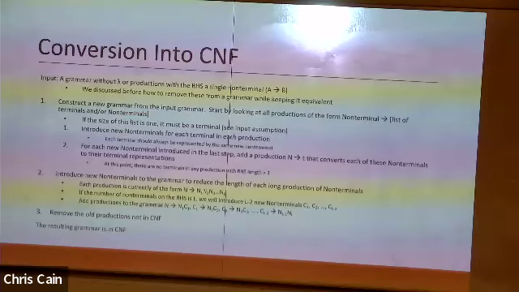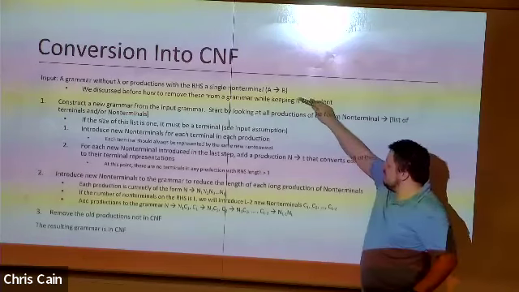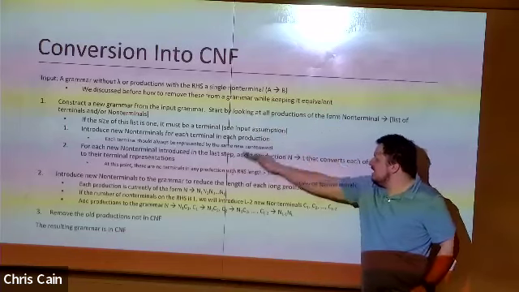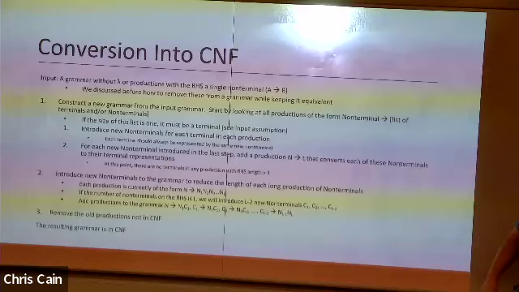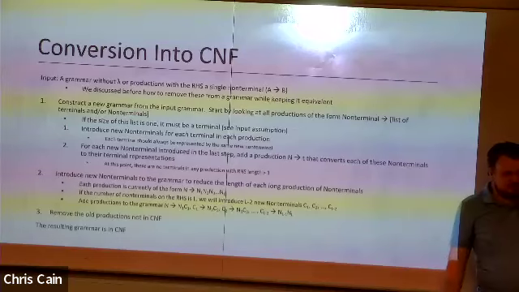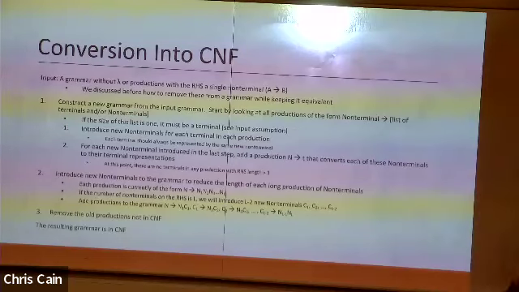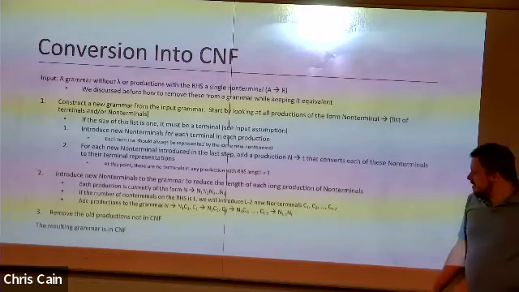So the process we're going through is we're starting from a grammar that we know has no lambda productions and no productions with the right-hand side as a single non-terminal. If this is the case, then we can convert that into Chomsky normal form pretty simply.